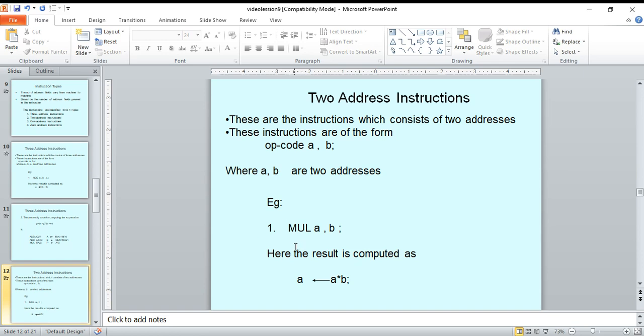See this example: MUL is nothing but the multiplication operation, and then A comma B. This can be represented as A into B. After the multiplication operation, this is the two address instruction format, so we use only two address fields. Finally the operation is over, and that result was again placed into the A register itself.